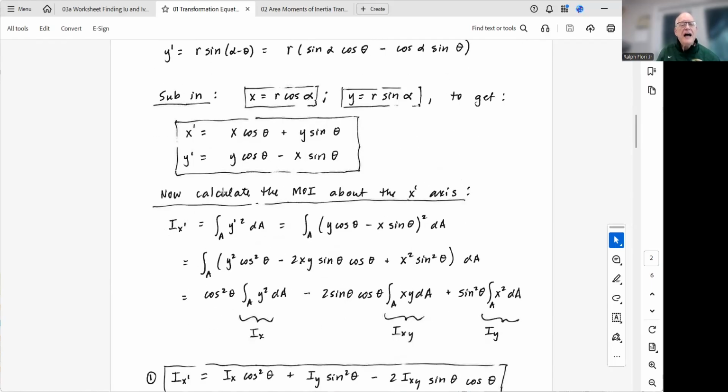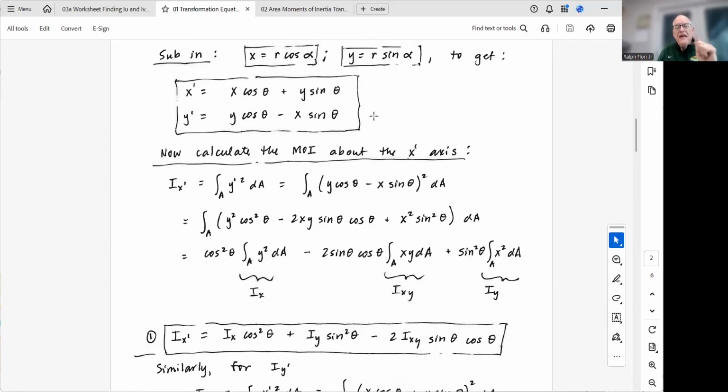So we got rid of r and we got rid of alpha. And so once we did that, then our I about the rotated set of axes, like our Ix prime, is just our definition of moment of inertia, the integral over the area of y prime squared dA. And so we take this y prime and square it, and you're left with these three different terms. Keep in mind theta is known, so we can bring the theta terms outside of the integrals.